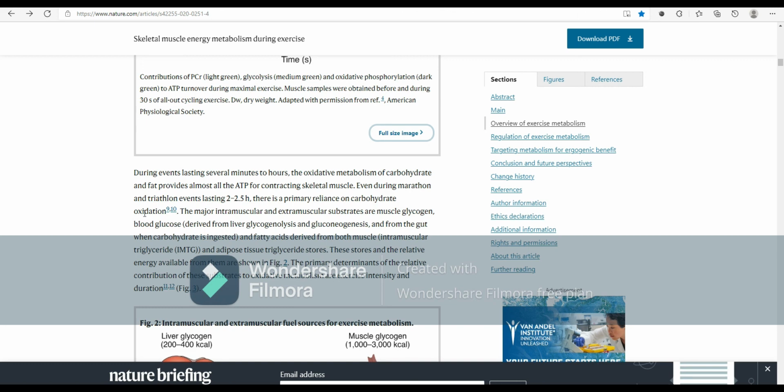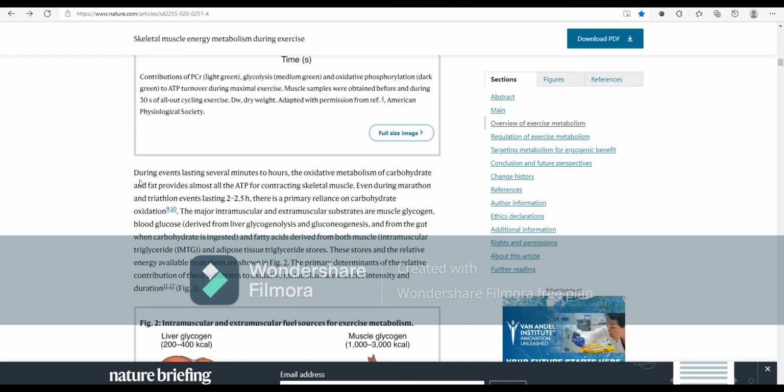But during this illustration, we should also mention that during events lasting several minutes to hours, the oxidative metabolism of carbohydrate and fat provides almost all the ATP for contracting skeletal muscle.